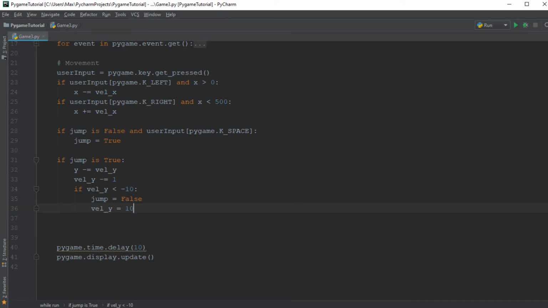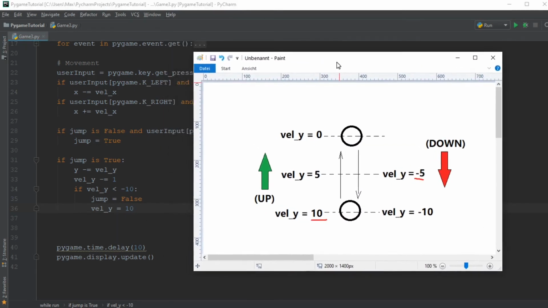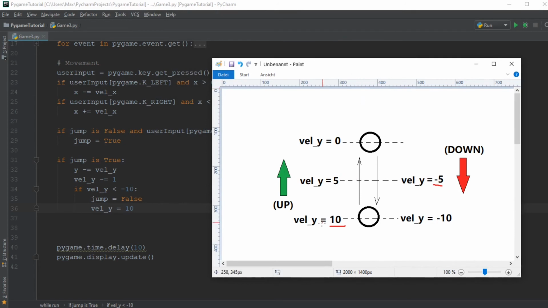So let me go ahead and show you what I mean by that using the diagram again. So when we are moving up, we are decreasing our velocity, and then when we start moving down again, we are increasing our velocity again, but in the opposite direction.